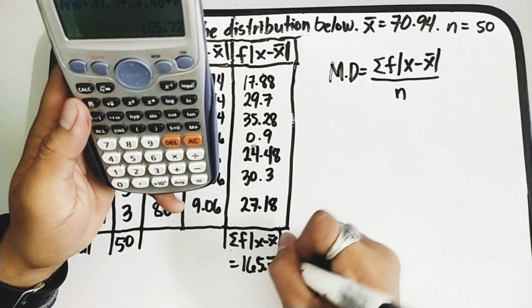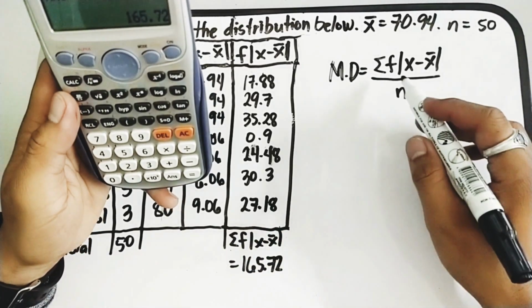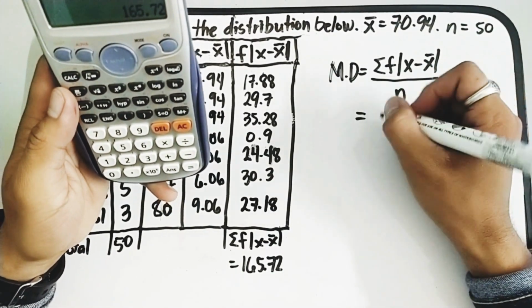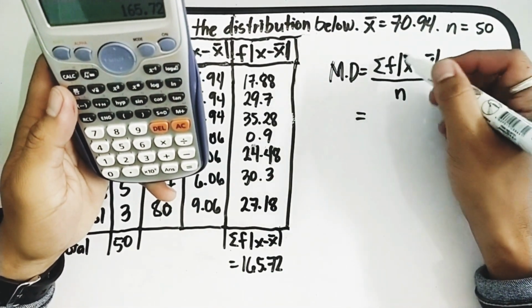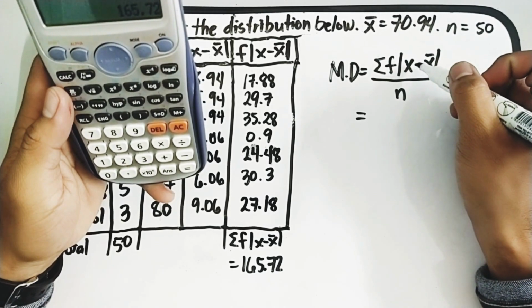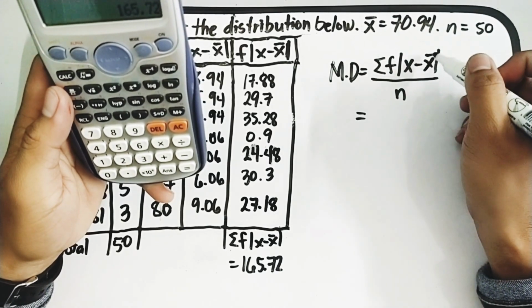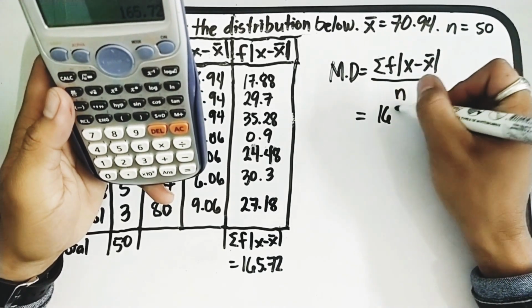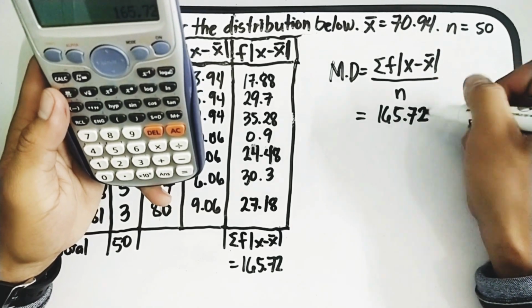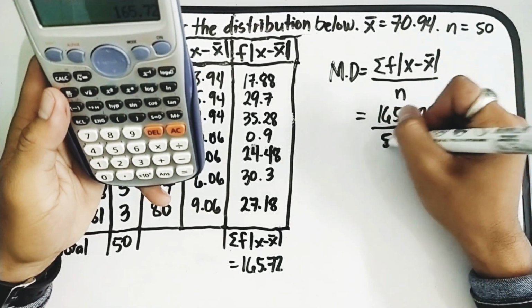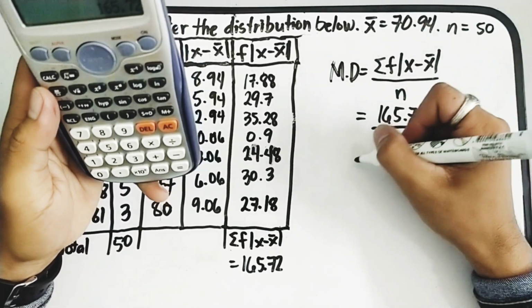So, total of 165.72. Okay, meron na tayo ngayong value na ito. So, we can now proceed with the formula which is summation of frequency times the absolute value ng x minus our sample mean, which is total of 165.72, all over 50. Kasi yung N natin ay total of 50.